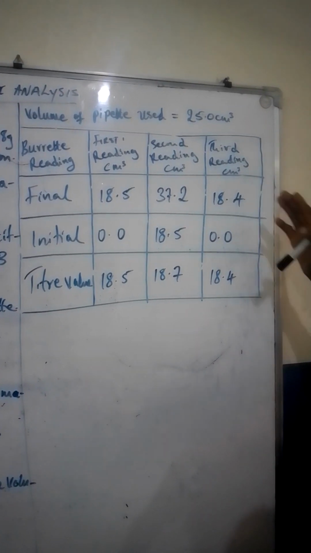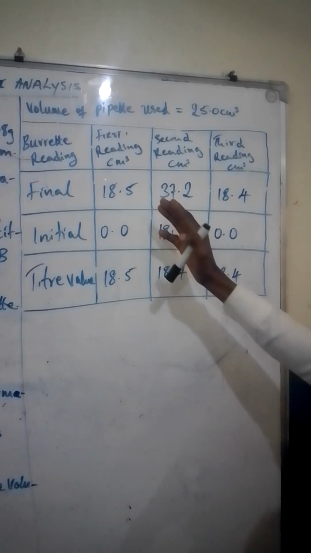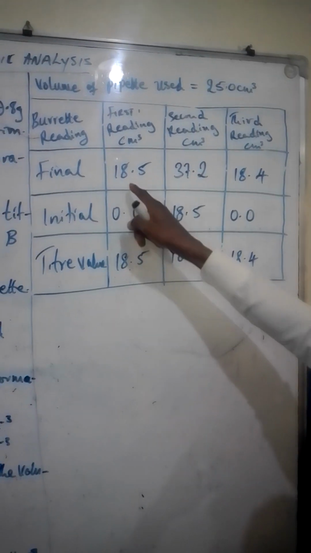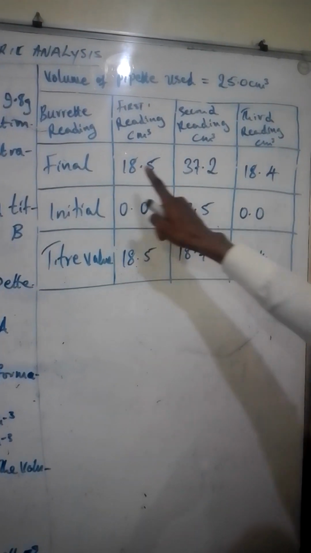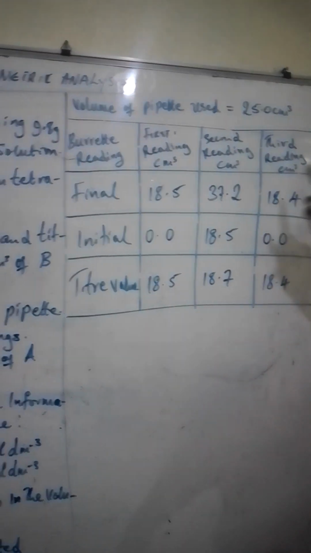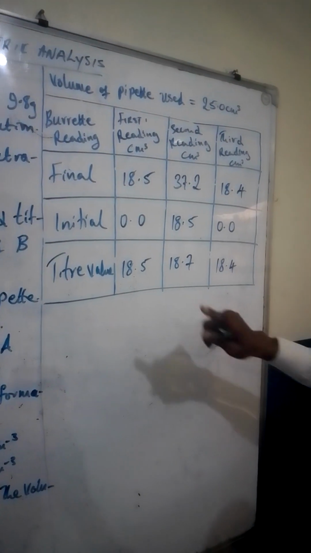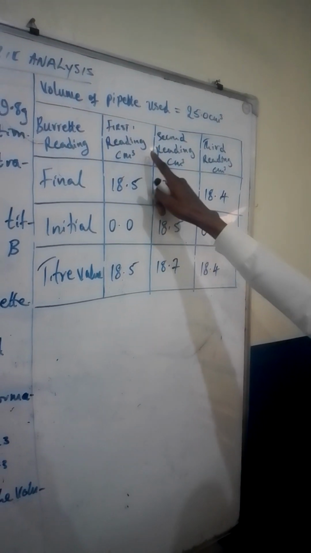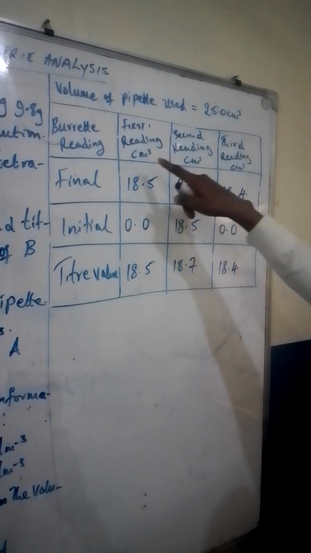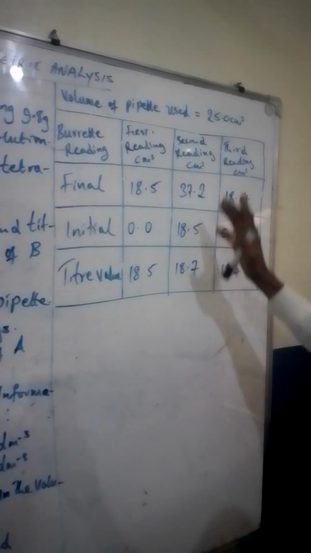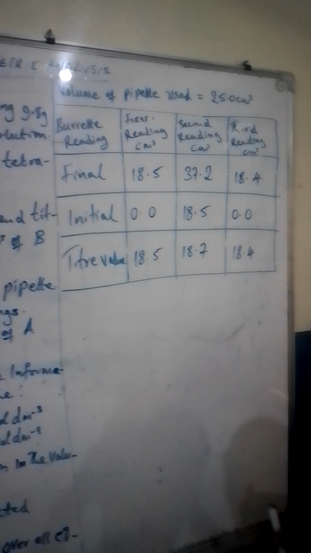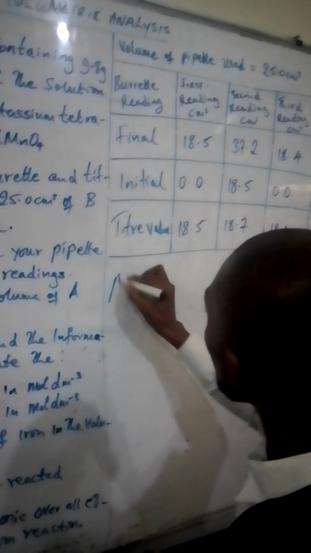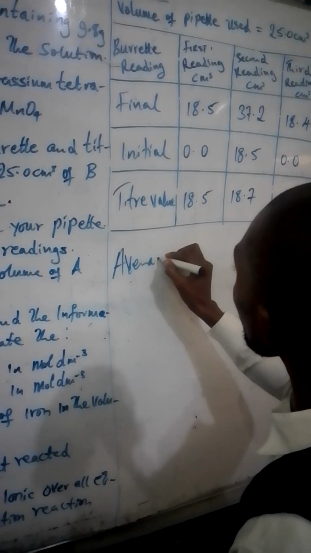Please, in tabulating your readings, make sure that they are on one decimal place. It must be recorded in one decimal place, and then the unit of the volume has to be there, just the way it is here. Then your average volume used is calculated this way.